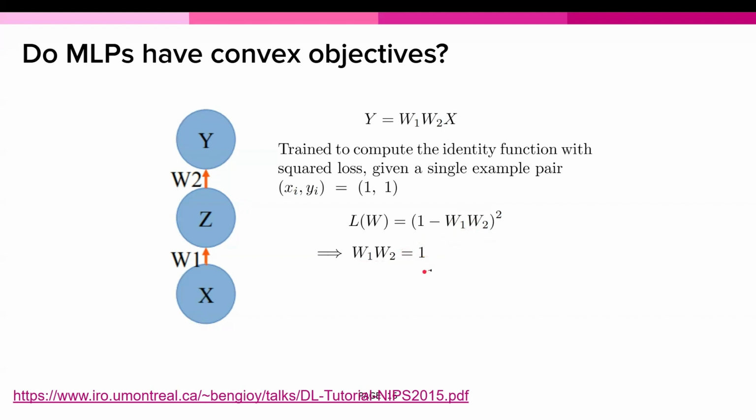What's interesting is that if we try to solve for these weights, we can find that there are actually infinitely many solutions that satisfy this identity function requirement. As long as one weight is the reciprocal of the other, we're going to minimize this loss perfectly.